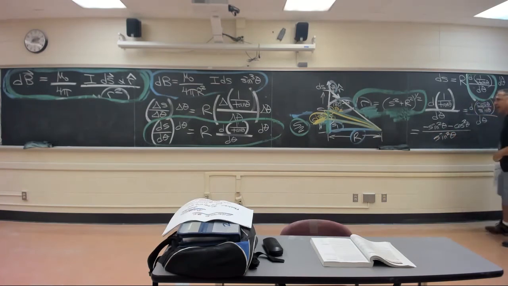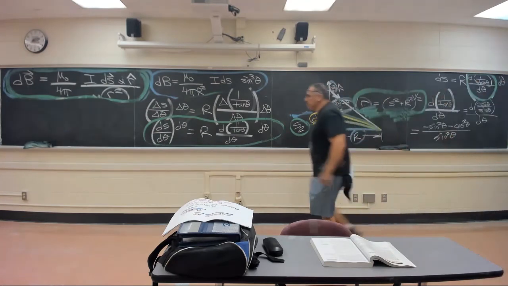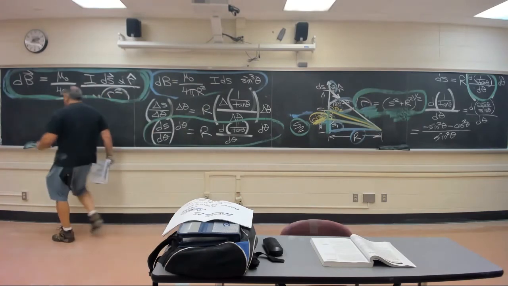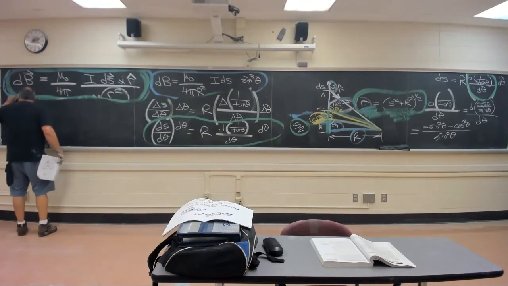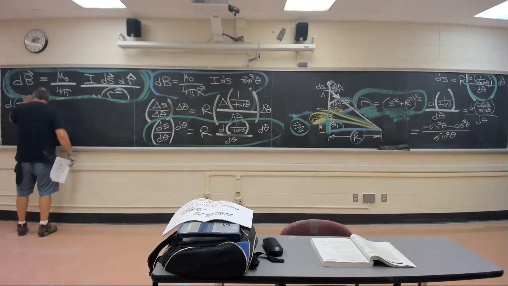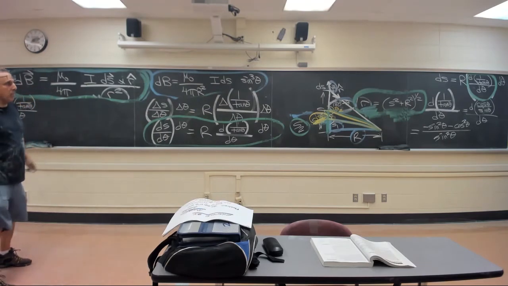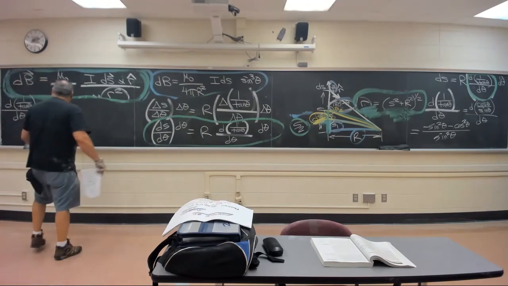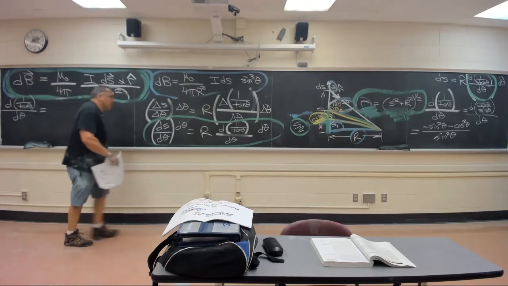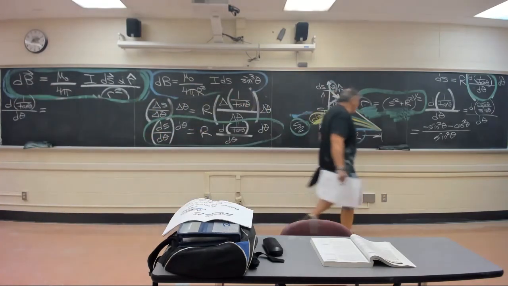Again, I don't know how much room I got over there, guys, so let me bring that over here. How we were playing the game here, guys. We got a negative. You got negatives all over the place. That's okay.